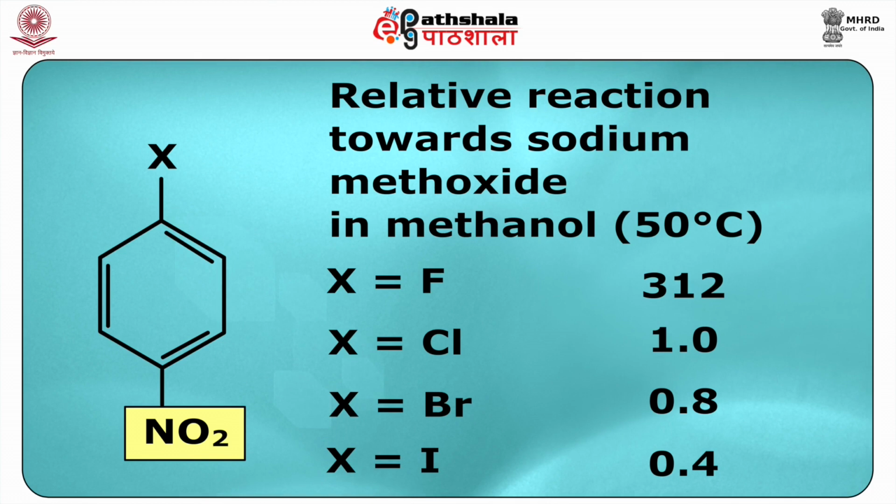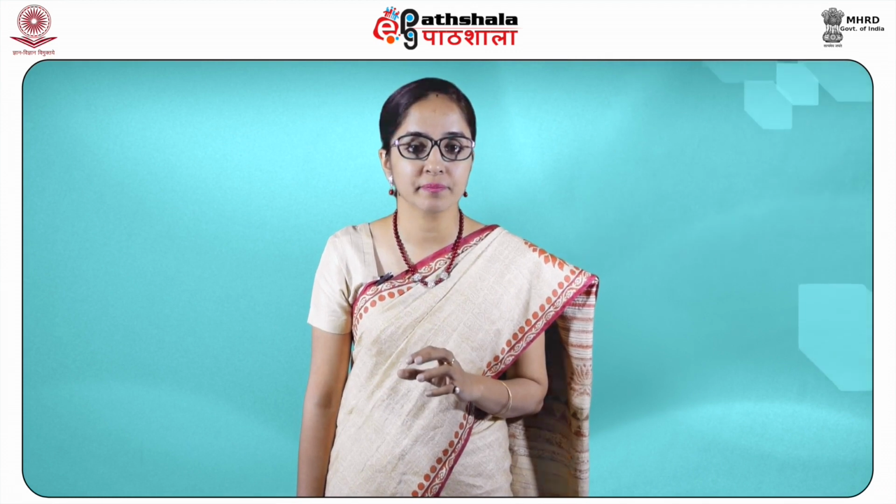In case of chlorine, it is 1, for bromine it is 0.8, and for iodine it is the least, because it is the least electronegative halide, it is 0.4, and the reaction conditions are the same, that is sodium methoxide in methanol at 50 degrees Celsius. Now as can be seen again from the table, the reactivity of substituted aryl fluoride is almost 780 times more as compared to aryl iodide.